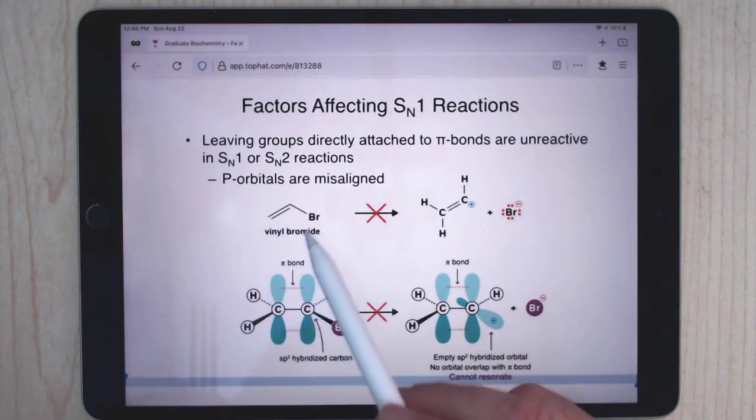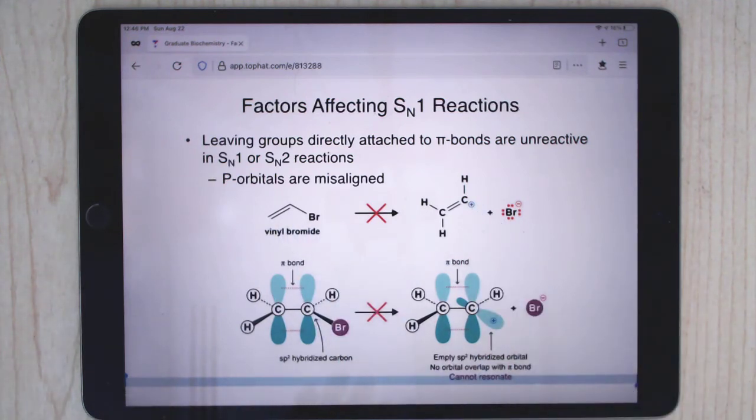If it's on a double bond, it can't work because the orbitals are misaligned. The carbon-carbon pi bond is in the plane of the board. If the leaving group is, say, on a wedge here, the orbital is actually going to be coming out at you, so they're not aligned properly. They're what's called orthogonal, 90 degrees away from each other, so the carbon-carbon pi bond can't help out.